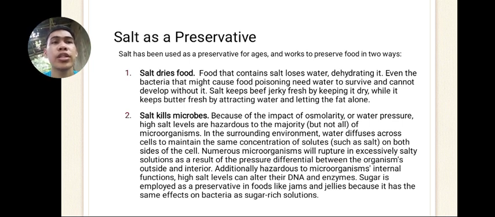Food that contains salt loses water, dehydrating it. Even the bacteria that might cause food poisoning need water to survive and cannot develop without it. Salt keeps beef jerky fresh by keeping it dry, while it keeps butter fresh by attracting water and leaving the fat alone.